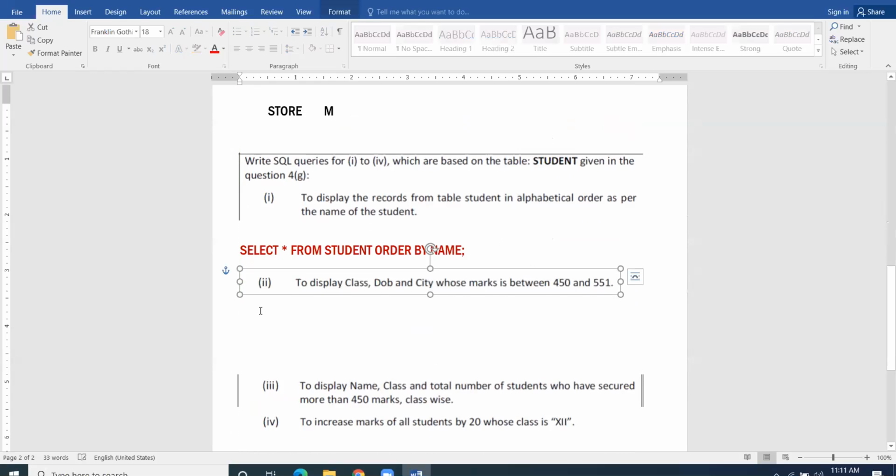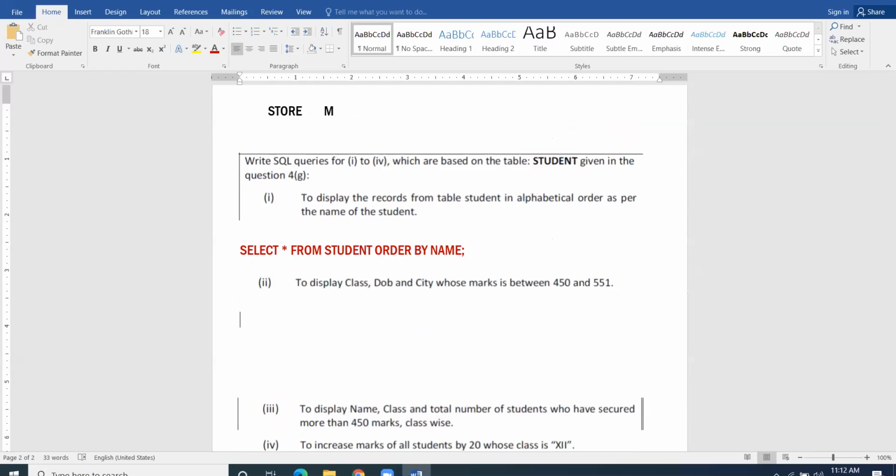Next command. To display class, date of birth and city whose marks is between 450 and 551. In between operator, remember one thing in MySQL, both the values are inclusive. 450 and 551, both the values are inclusive.